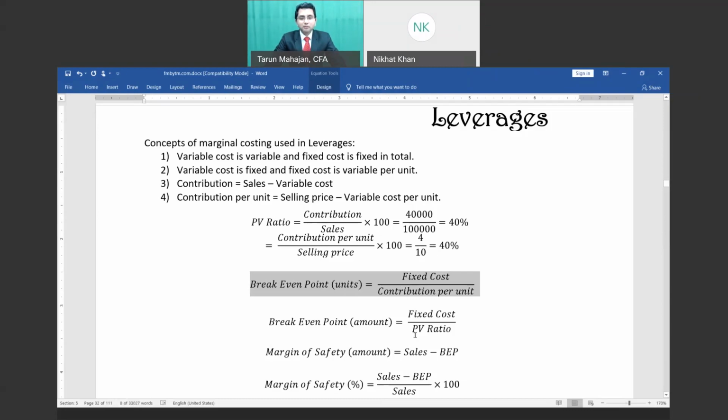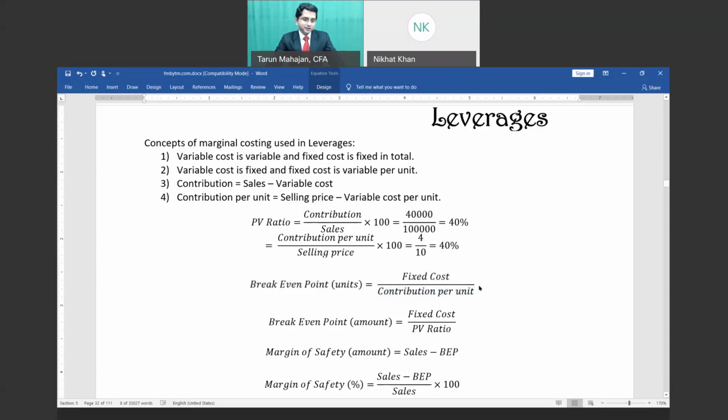Break-even point may be calculated either in terms of units or in terms of total amount. What is break-even point? It is the quantity of sales at which the profit is zero. That is, contribution is equal to fixed cost. So break-even point is equal to fixed cost divided by contribution per unit.